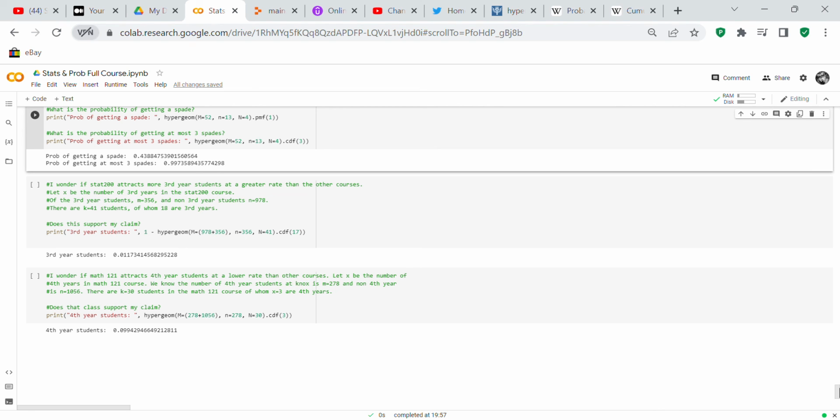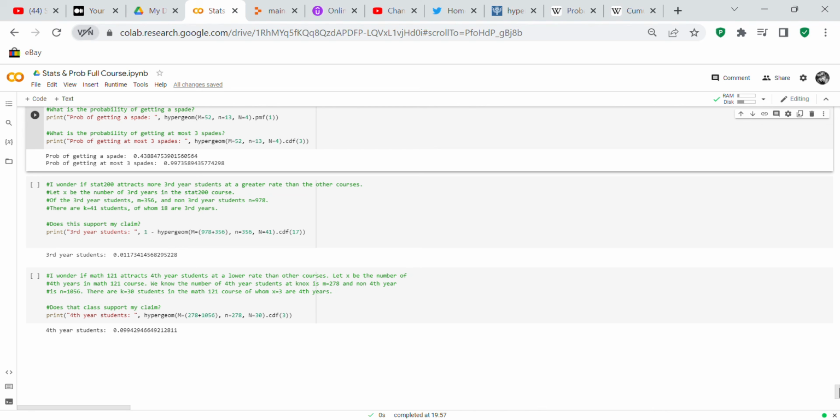And then the answer is 1 minus hypergeom, and then in brackets M, and then I said 978 plus 356, and that's the total students. N equals 356, and that's third year students.